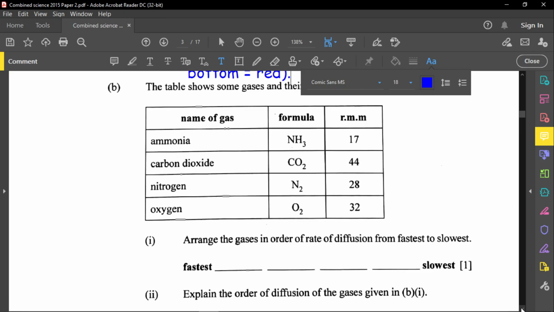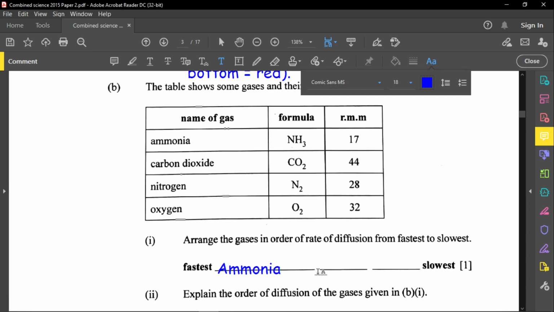And so we expect the heavier the gases, the slower it will diffuse. All right. And so here, we're going to put them in order. So we can put first here, which is 17, which is ammonia, should be the fastest one. So let's put ammonia right here. Okay. Ammonia is the first one.